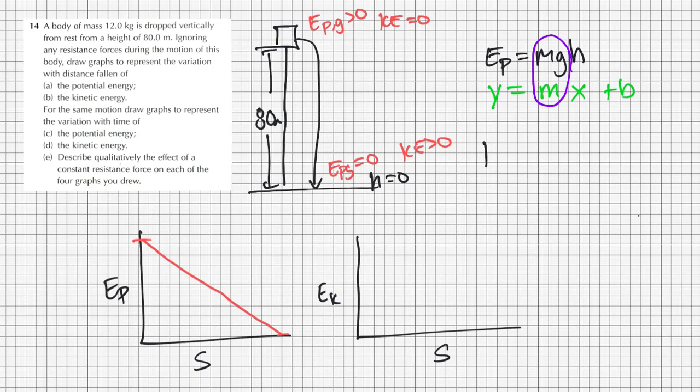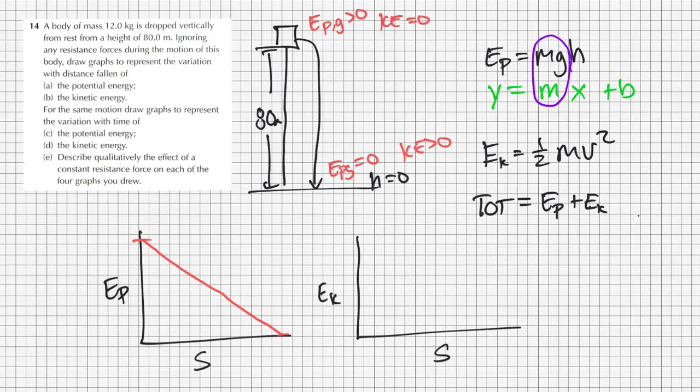If we do the same thing for kinetic energy, we have 1/2 mv squared. But we also need to understand that my total energy is going to equal my potential energy plus my kinetic.